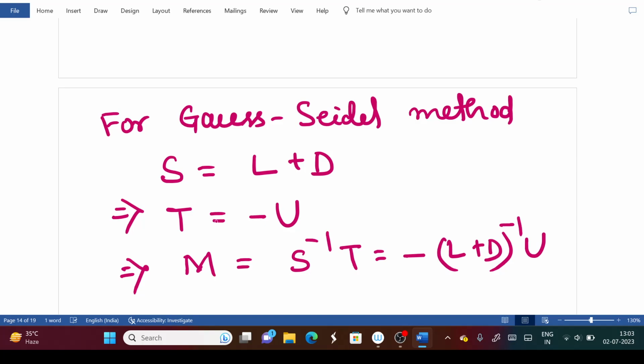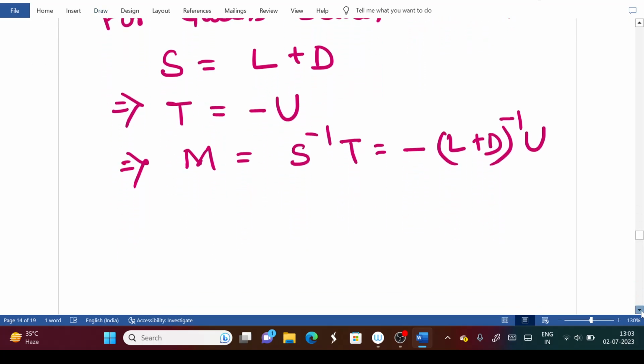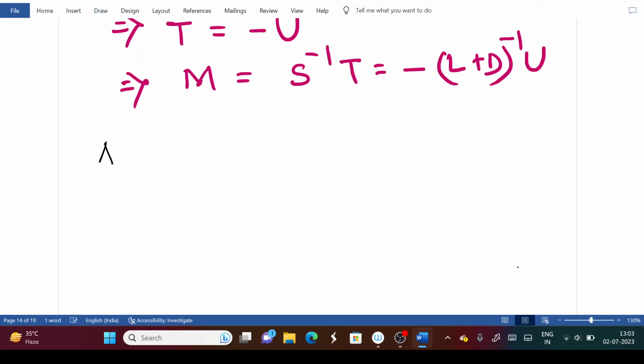Now using these two methods, we are expected to find out the matrix where A is given by 2, minus 1, 0, minus 1, 2, minus 1, 0, minus 1, 2.